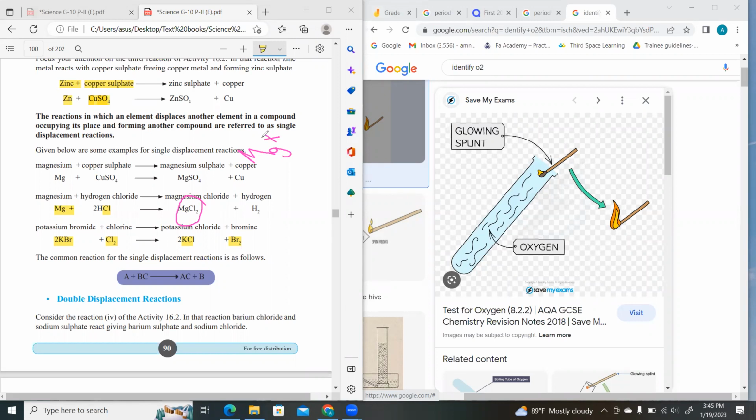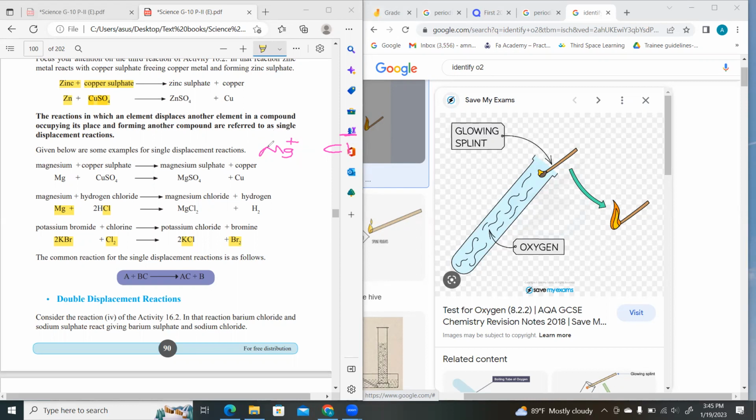Magnesium plus goes with chlorine. Chlorine is present as a molecule in nature, but here when you're deciding the products, you have to see what are the two types of ions. Mg plus ion goes with Cl minus ion, right?